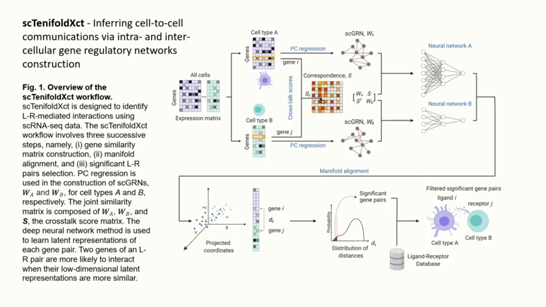We have a slightly different idea here. You have an expression matrix, okay? We annotate the cells and separate this matrix into cell type A and B. That's our two cell types we focus on.